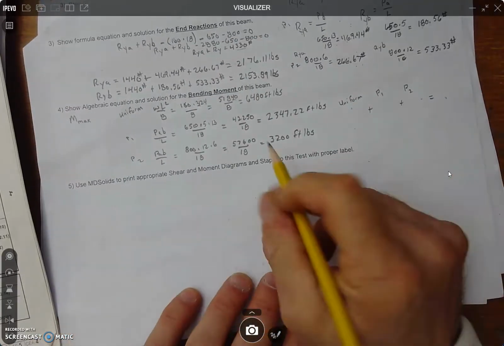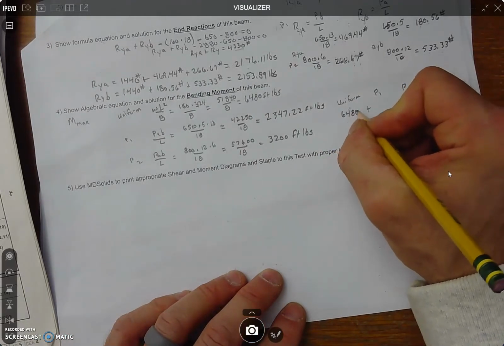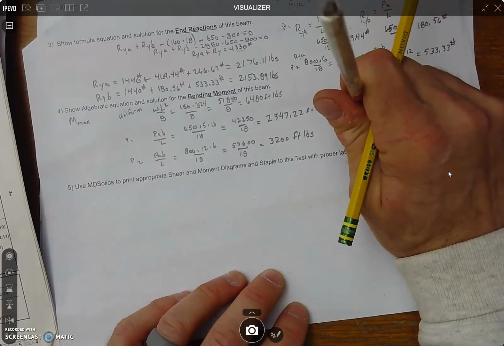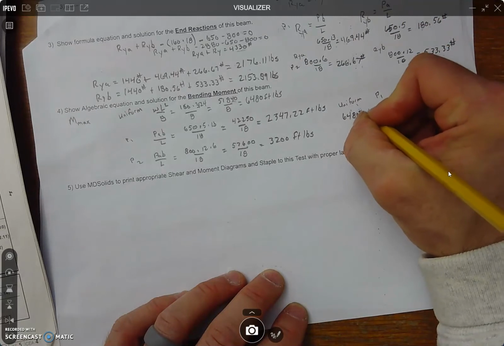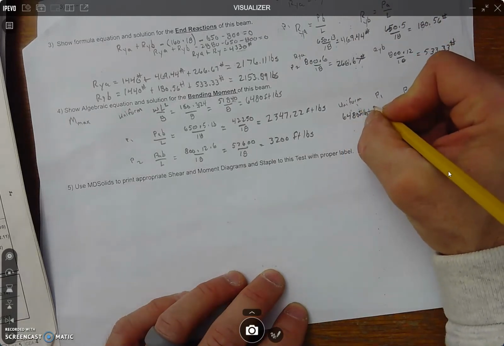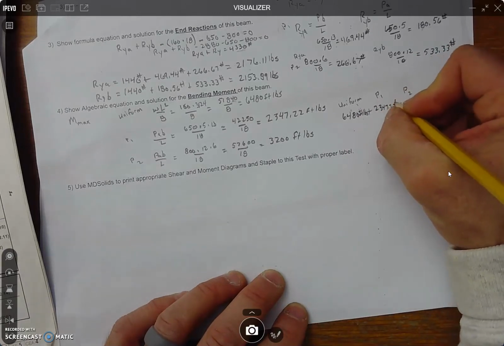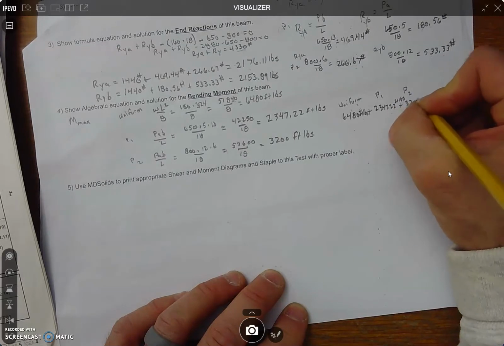So our uniform load is 6,480 foot-pounds. I can't write pounds, it's foot-pounds. This one is 2,347.22, and this one is 3,200.